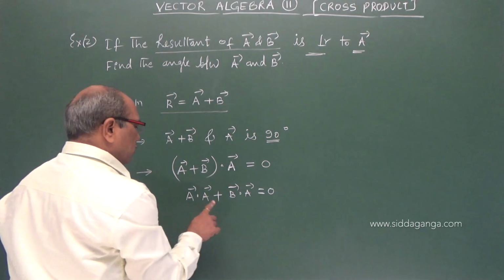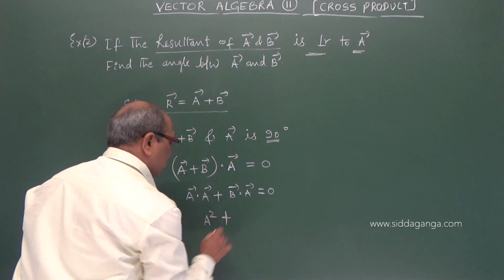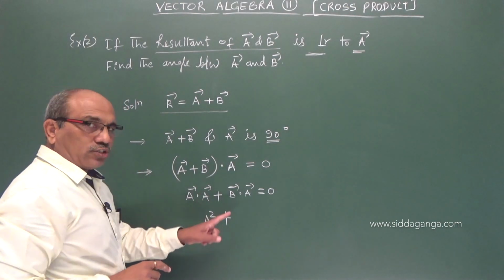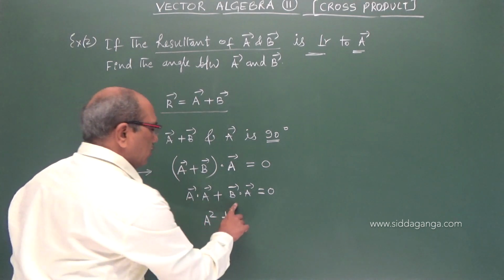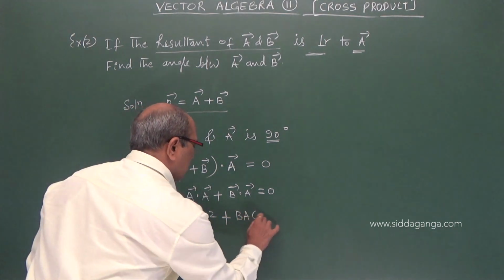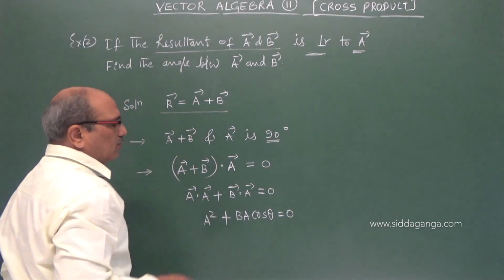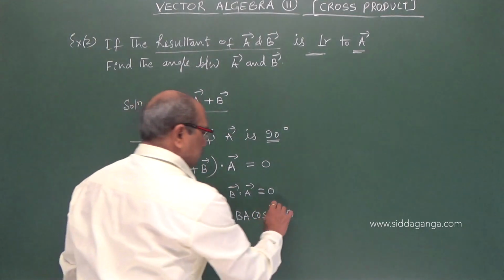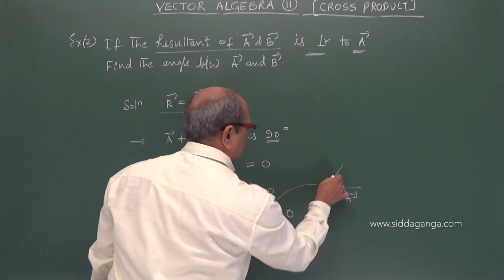A dot A, the self dot product, is A squared because cos 0 is 1, A into A cos 0, A squared. Then AB cos theta, where theta is the angle between A and B.